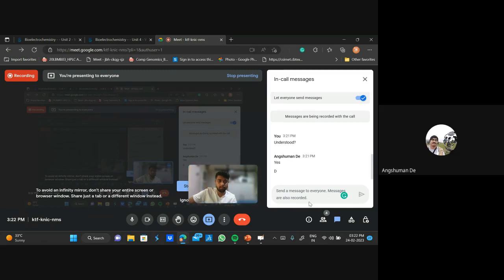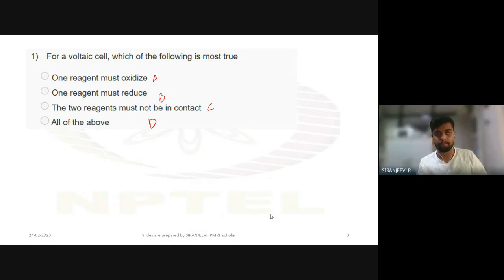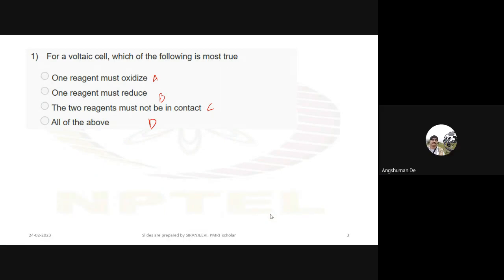No, sir, in a voltaic cell, two electrodes are there, and there are electrolyte solutions, and they must be separated by some semi-permeable porous membrane so that current flows through the external circuit.